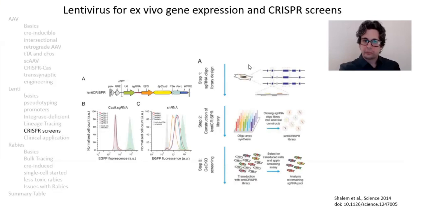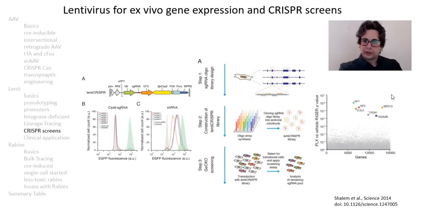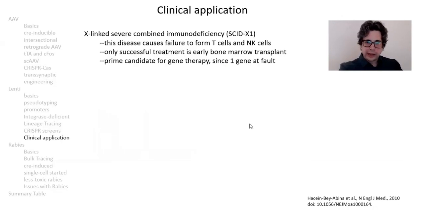This allows you to produce a library of lentiviruses targeting different genes, which will then have knockouts and produce your functional screen in vitro, which would allow you to select genes with a lot more confidence and less variability than with an older shRNA screen.